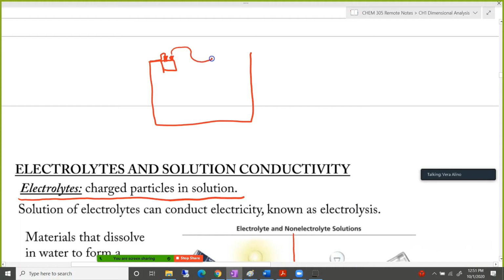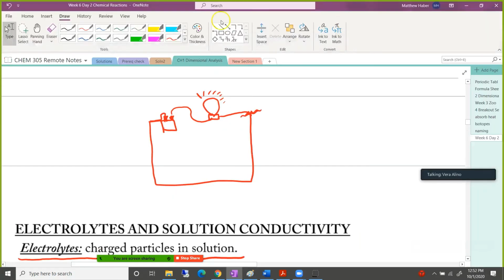I'm going to tap it into my light bulb, okay? And then I'm going to close this wire. If it's a closed loop, then you would see that your light bulb will glow. If you take out this wire and open it up, it's not going to light up, okay? So let me open up my circuit for a bit.